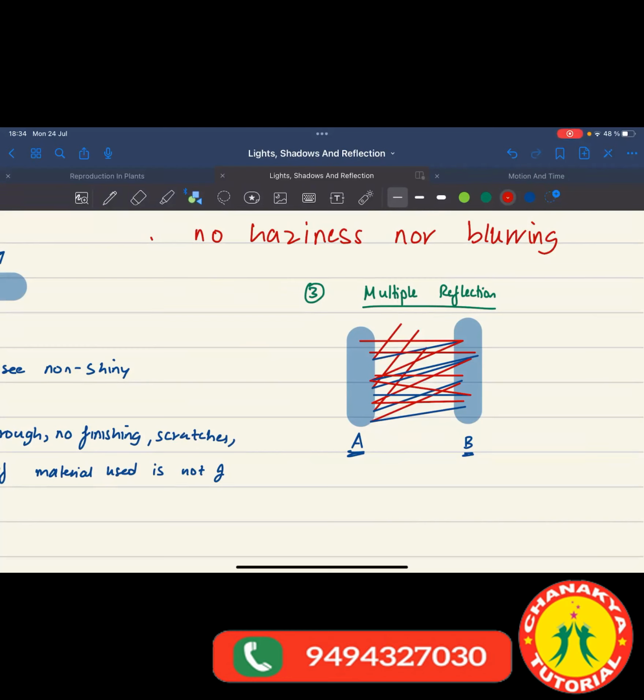Okay, so listen carefully. Reflective surfaces such as mirrors are very good at preserving the intensity of light, so a single light source can be reflected so many times. Now, you have two mirrors.